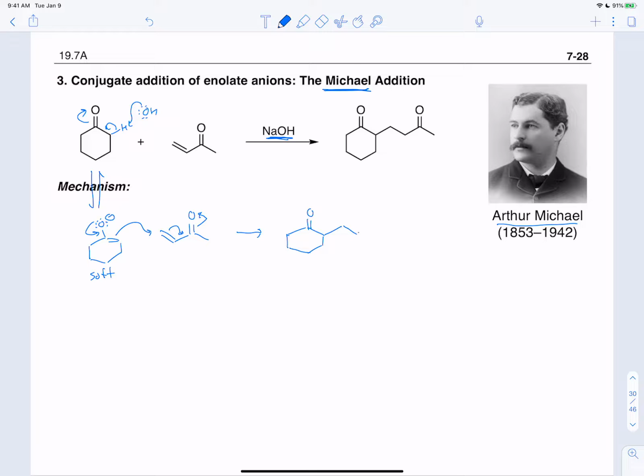After attack on the alpha-beta unsaturated ketone to do the Michael addition or conjugate addition, we get a new enolate that now will be protonated by water to give this 1,4 product. So overall, not too bad, right? And once again, we end up with some new types of bond disconnection logic for making this molecule. So if we think about this in a retrosynthetic fashion, we could imagine breaking now this 1,4 bond.